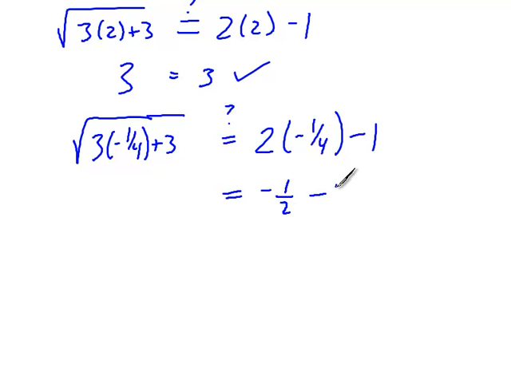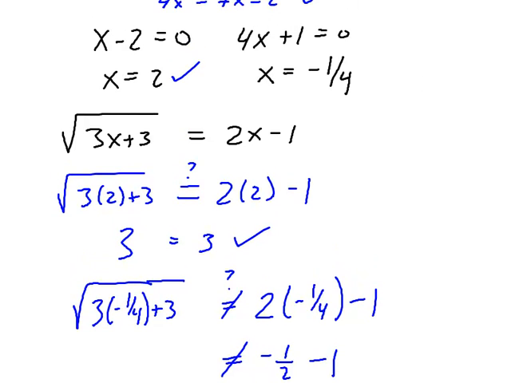Negative a half minus 1, that's negative 3/2. Well, is there any way that a square root of something can be negative? No, there isn't. So, it's not true, which means that this cannot be a solution. So it's just x equals 2.